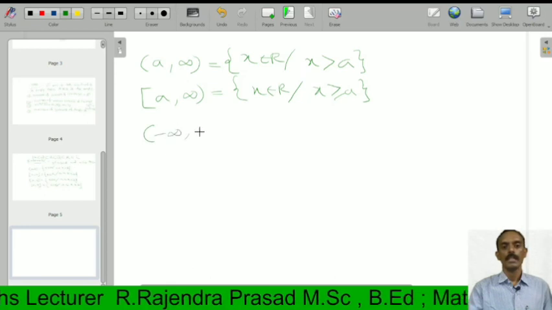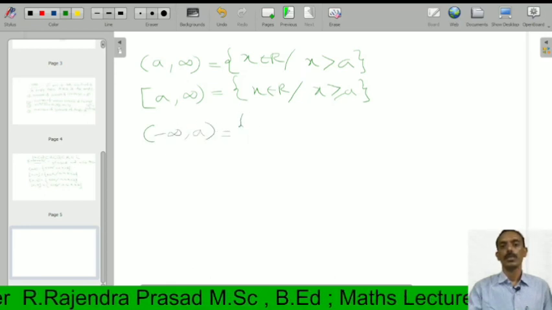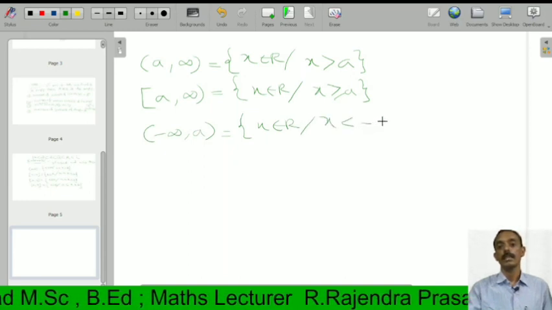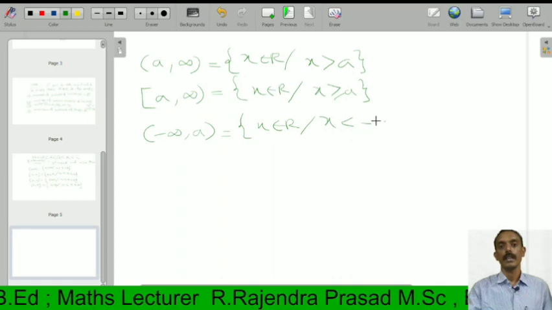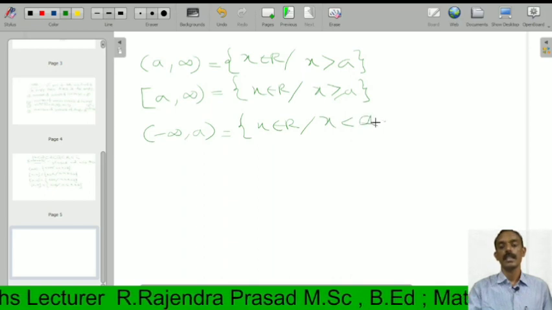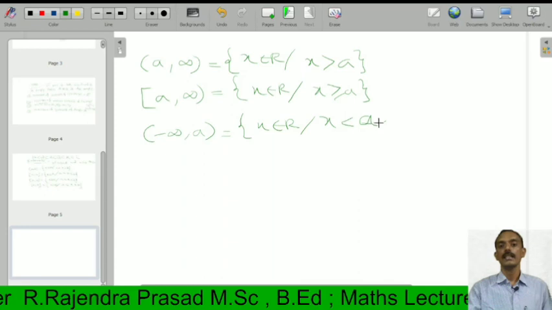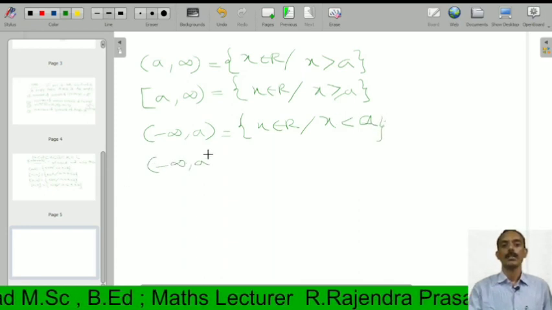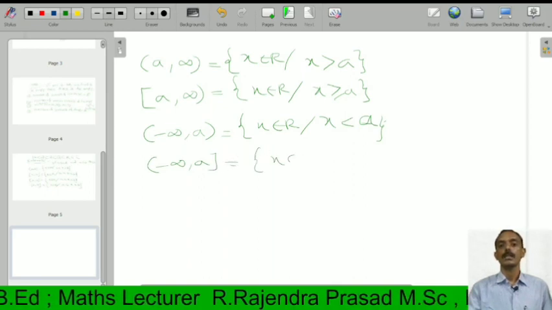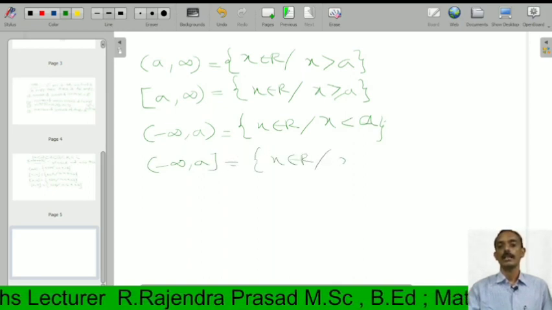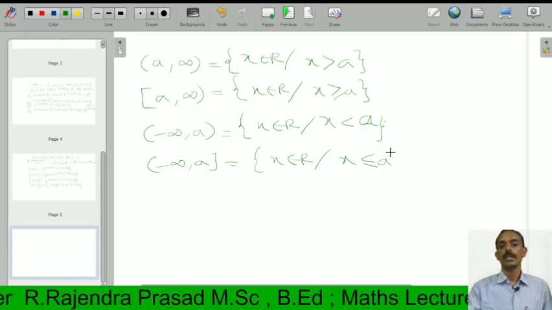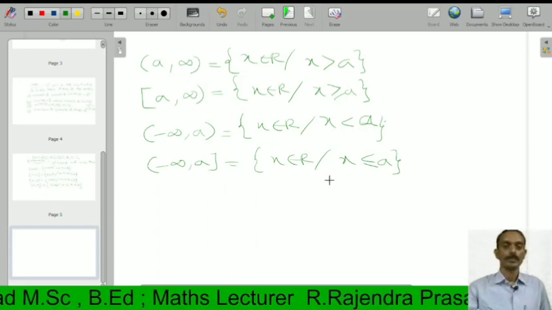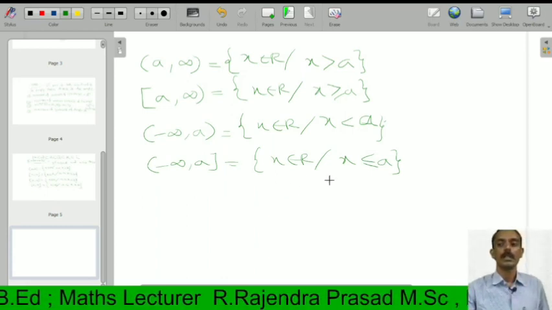Open interval (minus infinity, a) equals x belongs to R such that x is less than a. Open interval minus infinity, closed interval a: x belongs to R such that x is less than or equal to a. These are intervals.